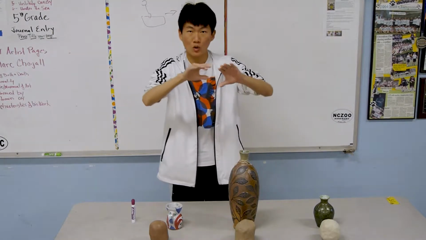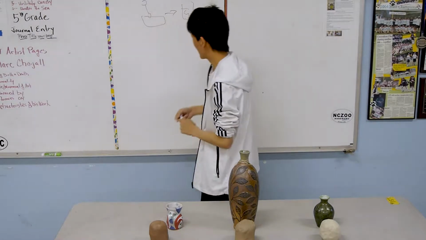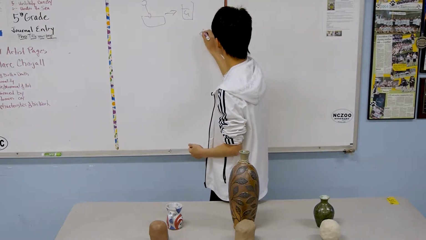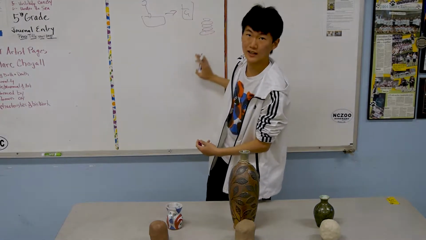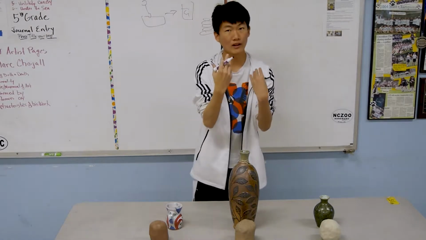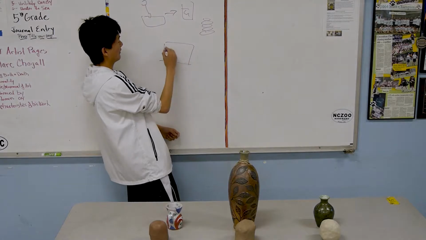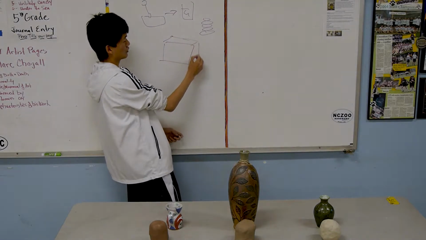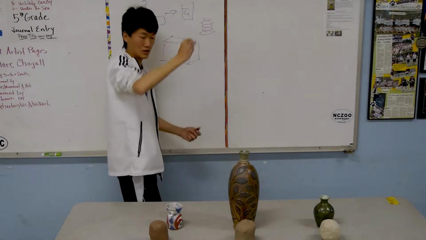Coil pots, you make coils and layer them together to make pots like this. 1 coil, 2 coils, 3 coils, 4 coils, etc. You get the idea.